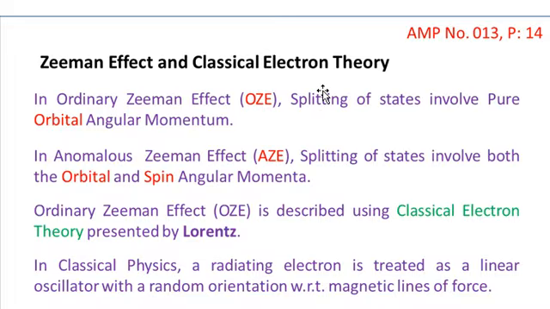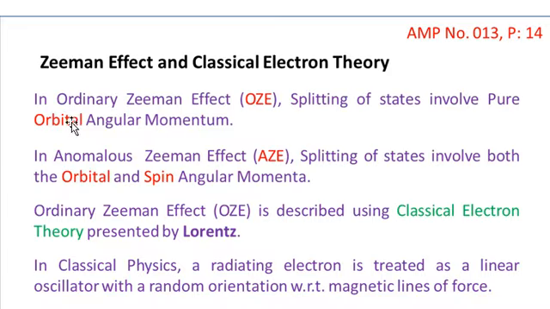Zeeman effect and the classical electron theory. Here we are going to present the techniques which used classical electron theory to explain the Zeeman effect. In the ordinary Zeeman effect, which we abbreviate as OZE, splitting of states involves pure orbital angular momentum. So for atoms which have pure orbital magnetism, we observe the ordinary or the normal Zeeman effect.